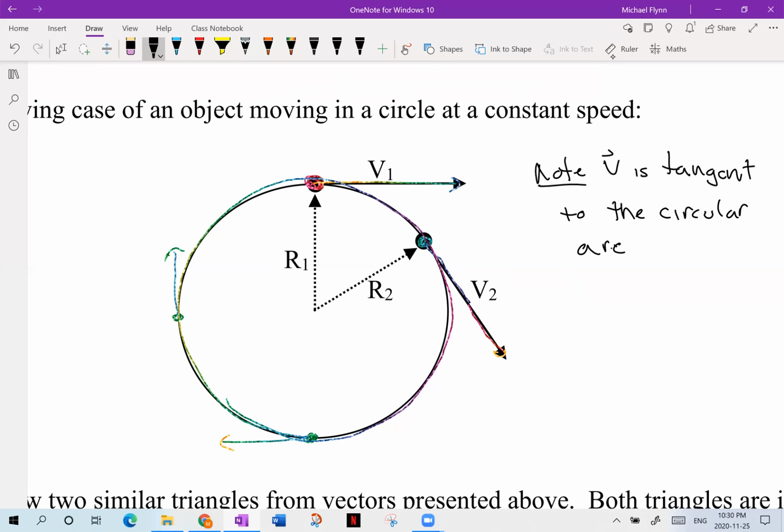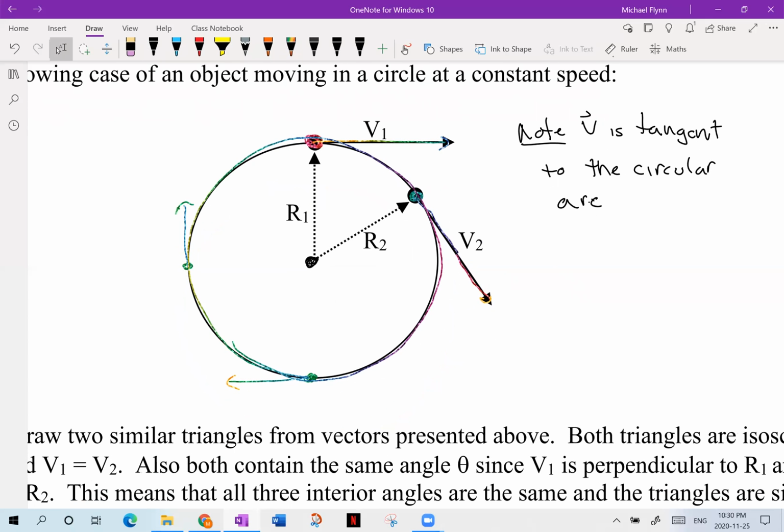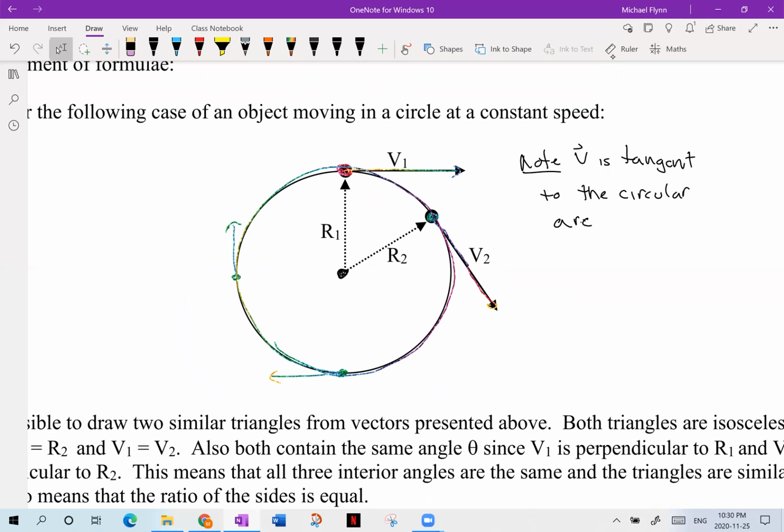And here's the center of the circle in here. Now, if you're wondering why I constructed this picture, we're going to find the acceleration of the object. Let's pretend this object is moving at a constant speed as it goes around the circle. So the speed's not changing. The only thing that's changing is the direction, okay?